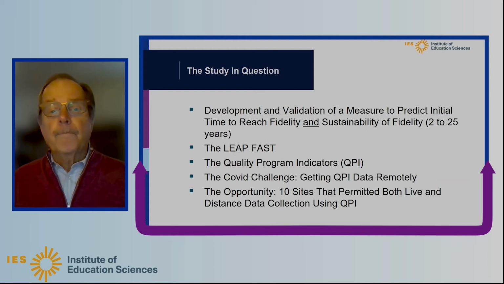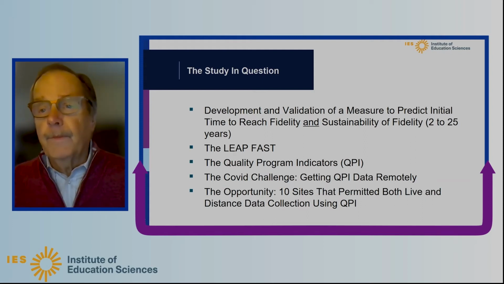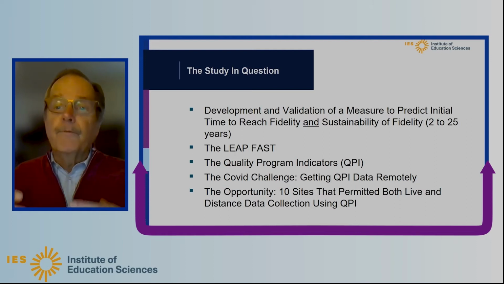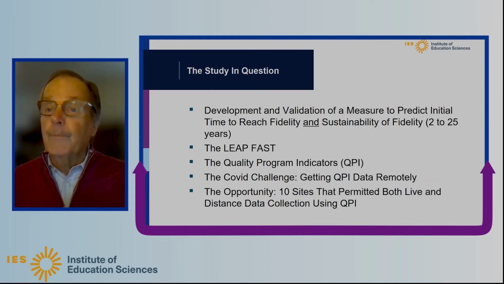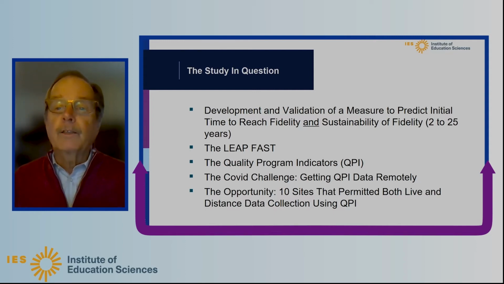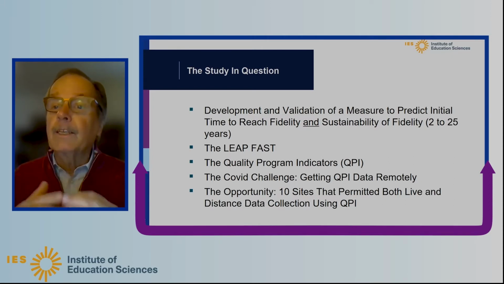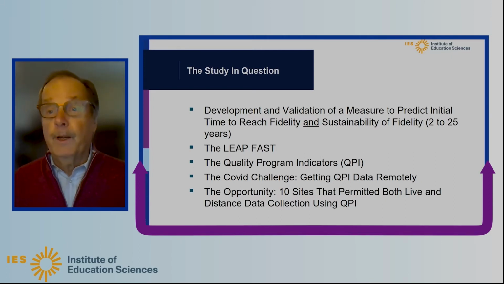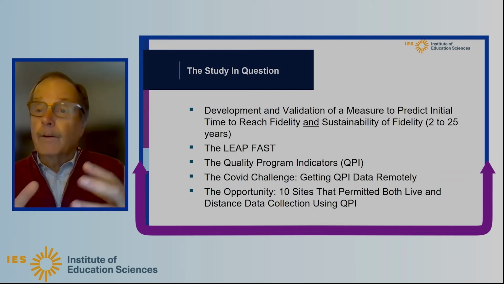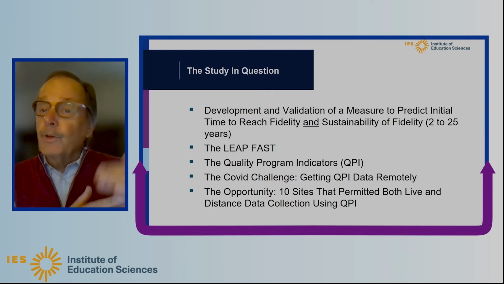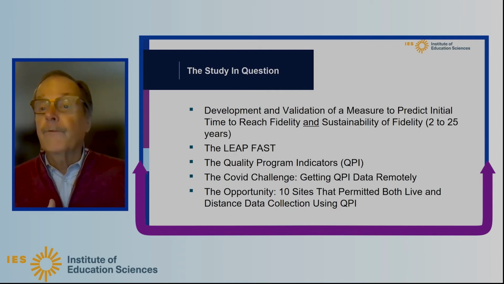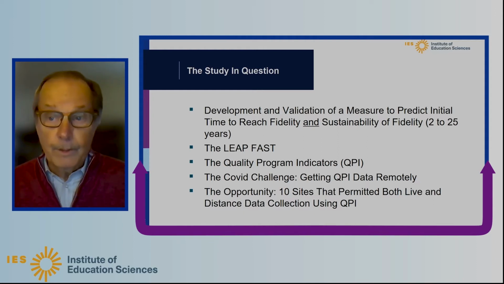And it was in the context of this development and validation of a measure to predict initial time to reach fidelity of implementation of the LEAP model, as well as to hopefully be able to predict which programs maintain fidelity over long periods of time. And in the design of our study, that time period spanned 2 years away from initial reaching fidelity to up to 25 years.